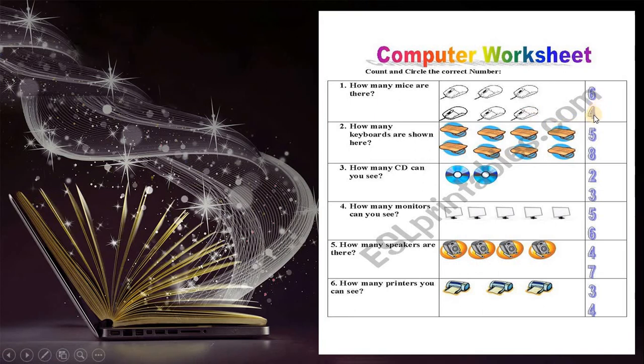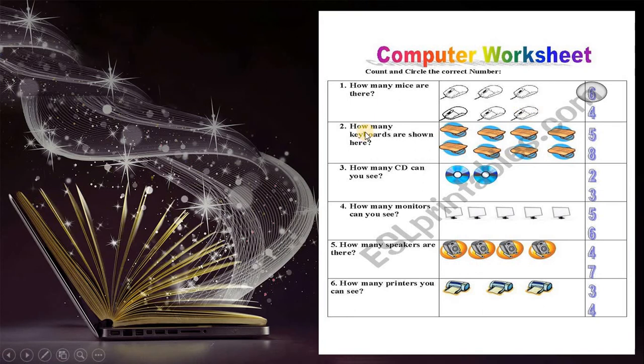This number or this number is the sixth number? Which number do we have to circle? This number, because it is a 6 and the picture shows 6 mouse. So circle the 6, because 6 is the correct answer. Because here are 1, 2, 3, 4, 5, 6 mouse. Correct? So the answer is 6.